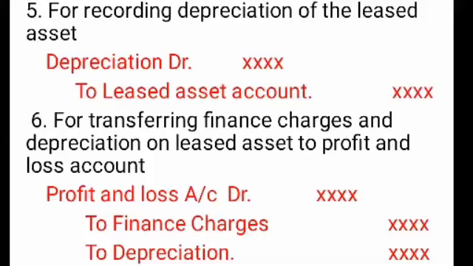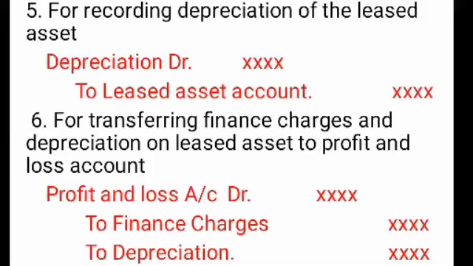If depreciation is calculated or given, we should enter a journal entry: depreciation account debit to leased asset account. Then the sixth one, for transferring finance charges and depreciation on leased asset to profit and loss account: profit and loss account debit to finance charges and depreciation.